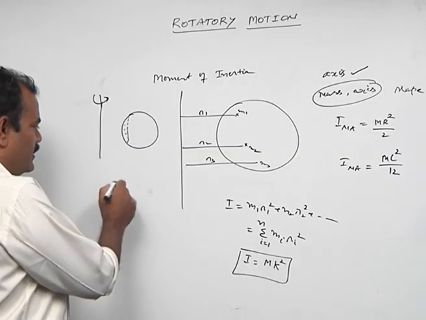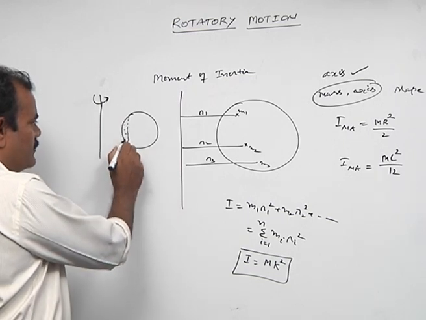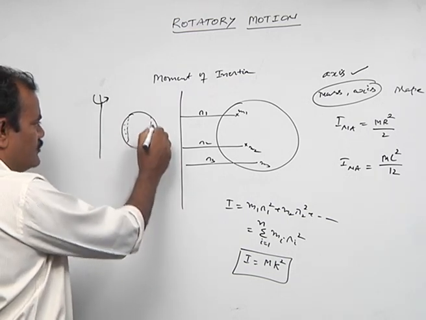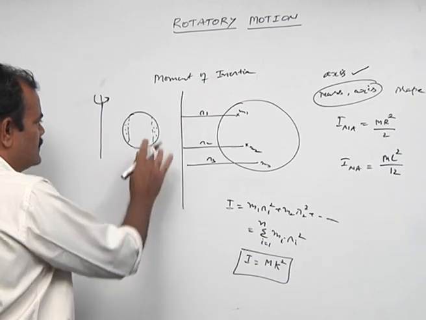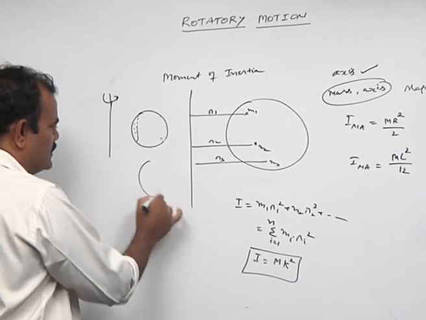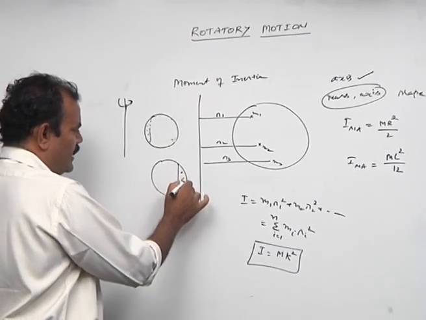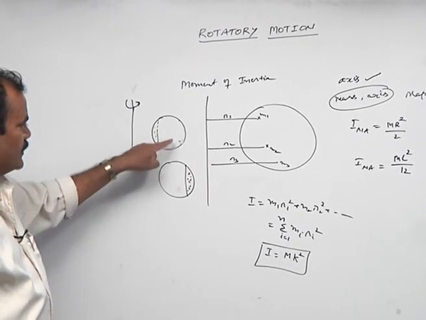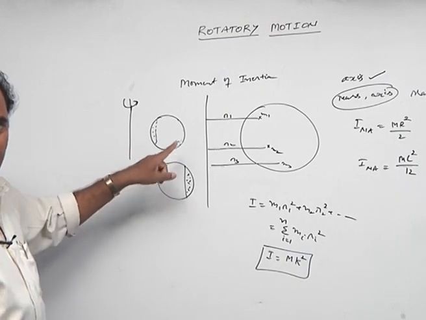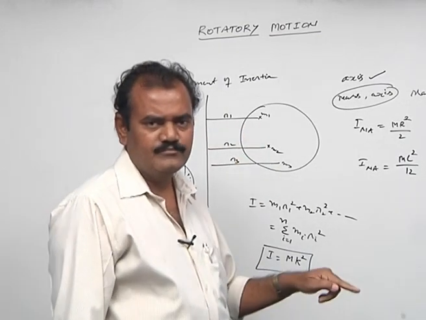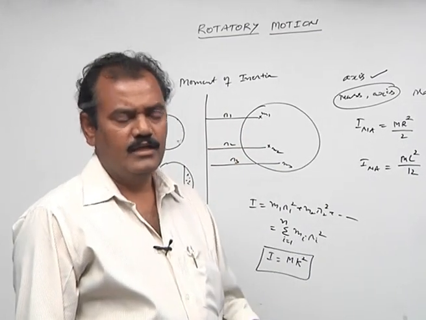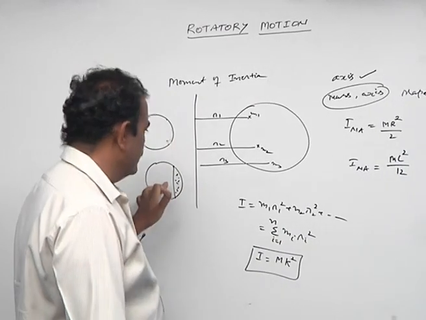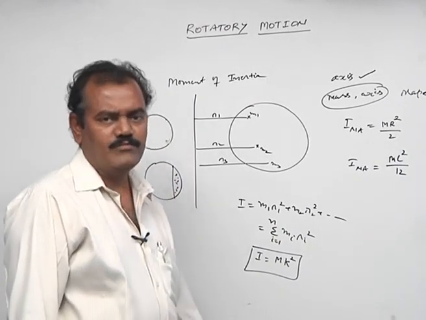Here you can have some moment of inertia. And suppose these particles shift to this position, then you can have another moment of inertia. Its meaning is, in these two cases we did not change the mass of the body, the axis of rotation or the shape of the body, but even then you can have a change of moment of inertia.